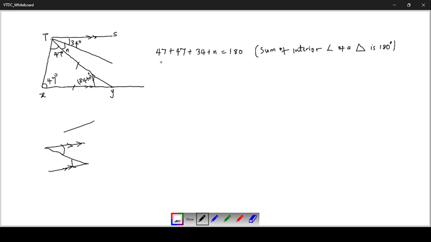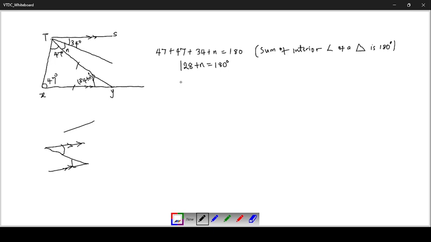So 47 plus 47 plus 34: you deal with the real numbers first. 47 plus 47 will give us 94, then add 34, which gives us 128. So here we have 128 plus n is equal to 180 degrees.